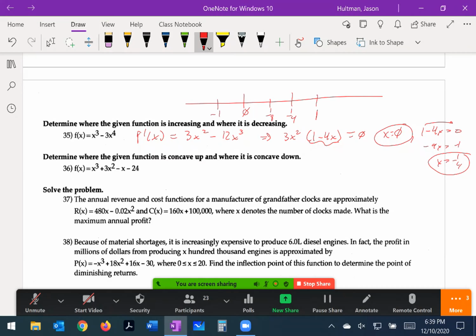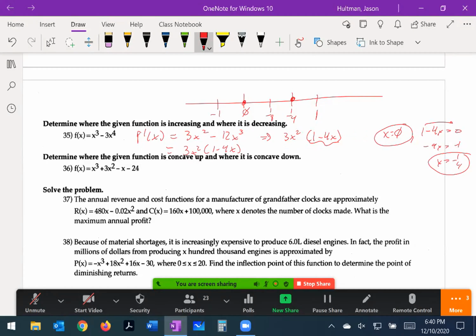Okay, so if we plug negative 1 into f prime of x equals 3x squared times 1 minus 4x, the 3x squared stays positive no matter what.